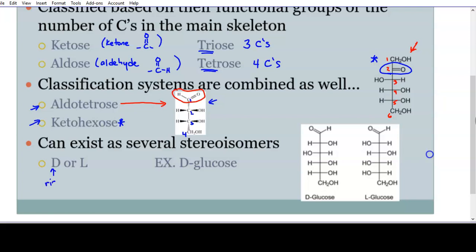D is if it is a right-based sugar, and L is if it is a left-based sugar. Okay, and then you can see here in the picture, they base the D and the L off of the oxygen that ends up reacting with the aldehyde or the ketone.